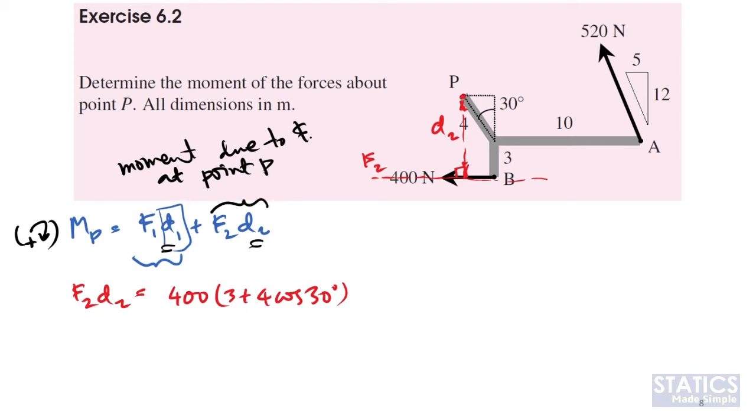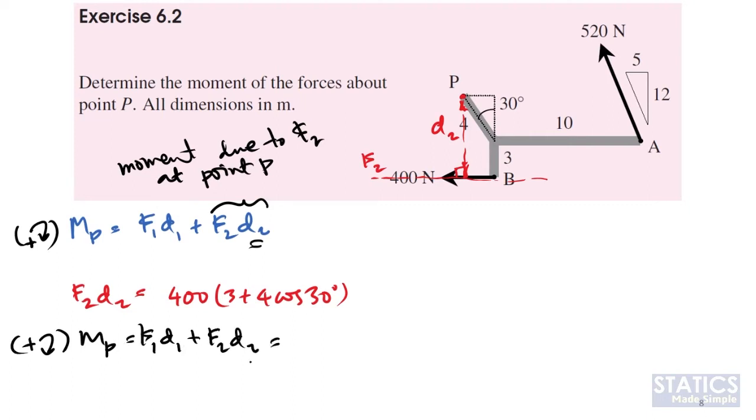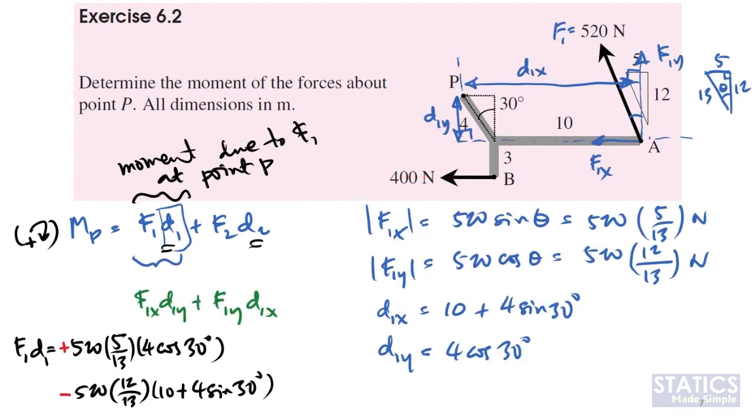Here is the moment due to F2 at point P. So once we have that, we can straight away calculate our MP. Moment at point P is equal to F1 D1 plus F2 D2. So from our previous equation, if we want to calculate this, can somebody calculate this for me, please?